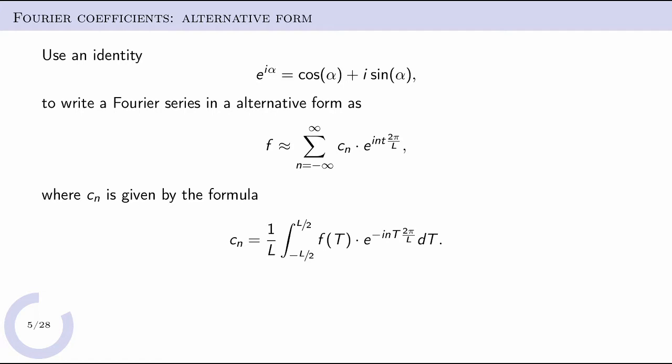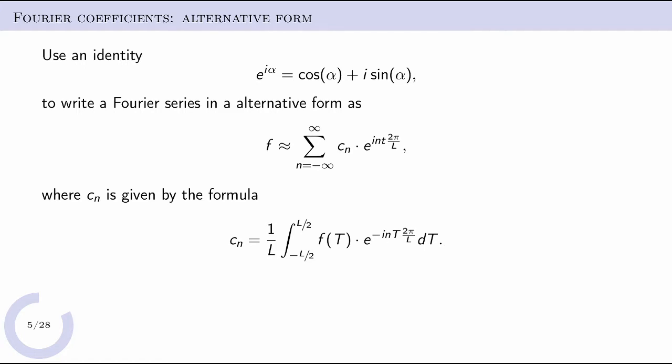This identity lets us write a complex number in exponential form instead of trigonometric form. If we use this identity, we can convert our definition of a Fourier series to an alternate form, which is also a Fourier series. It's just a different way of writing it, but it's more convenient for us.